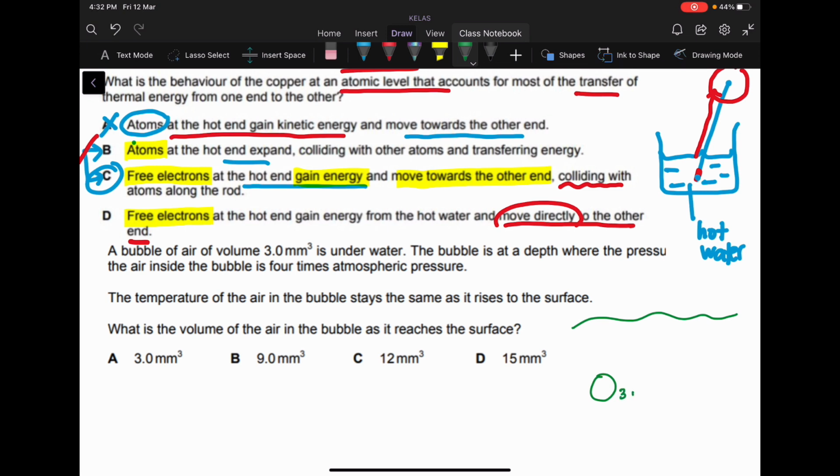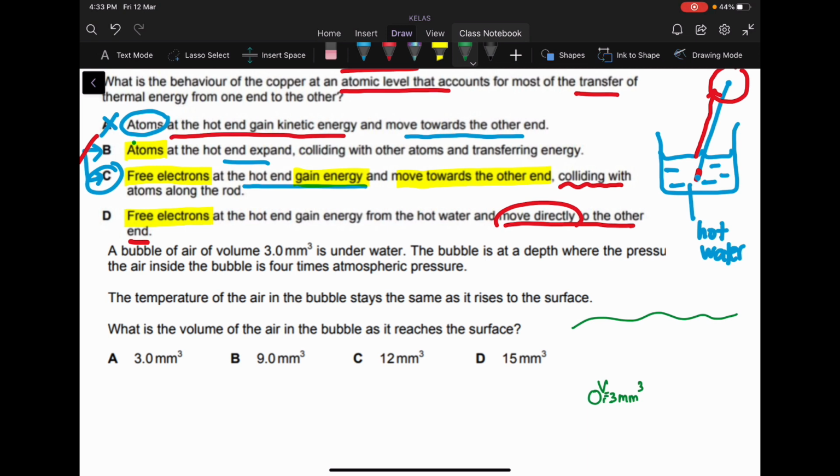The bubble is 3 millimeter cubic. This unit tells you this is a volume. So the volume is 3 millimeter cubic, V1.